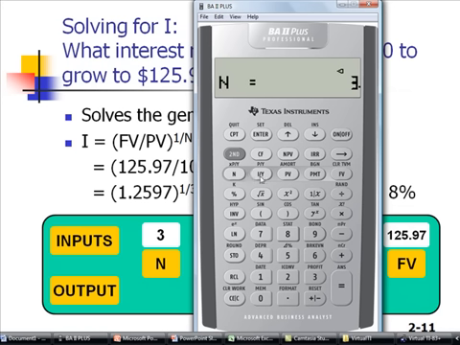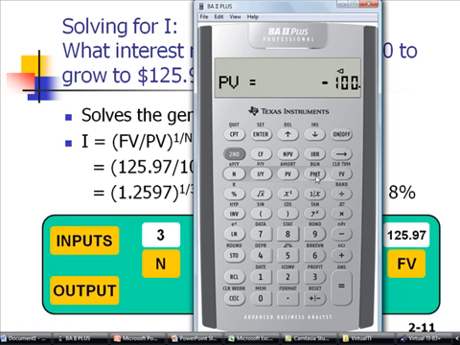Okay, I is the interest rate per period. We don't know that. That's the unknown in this problem. PV is the present value. So that's the initial cash flow, and we're going to put that in as 100 with a negative sign. I'm going to change that to a negative number and then put that in for PV. I'll come back to why it's negative in just a minute. Payment, there's nothing like that yet.